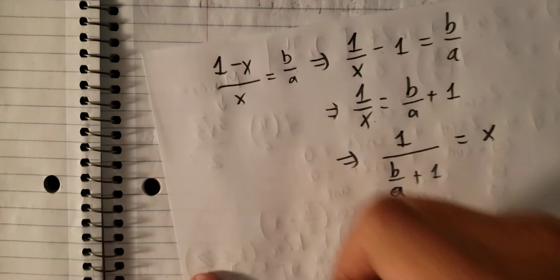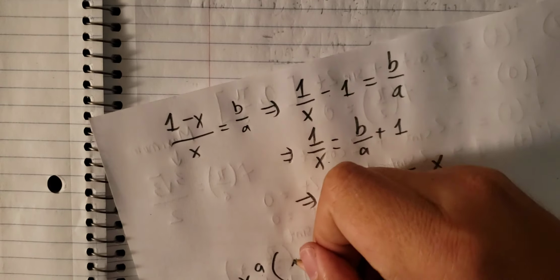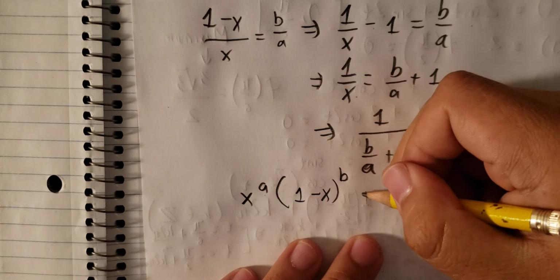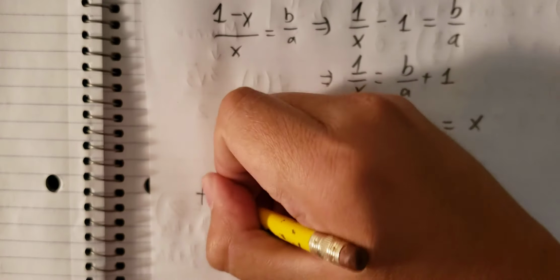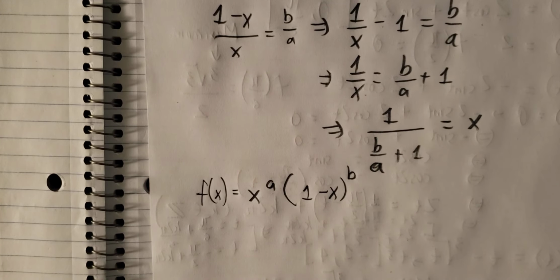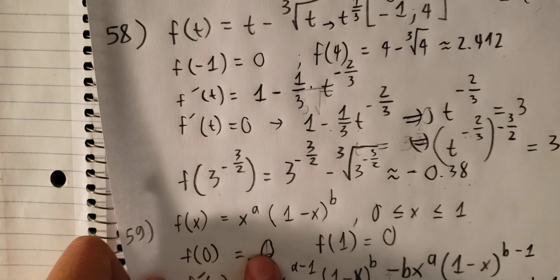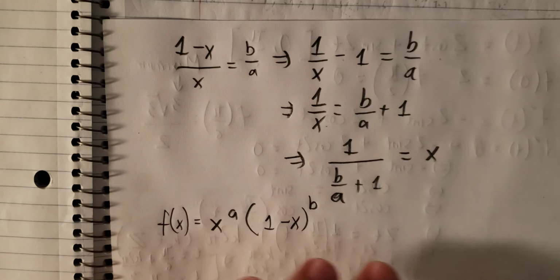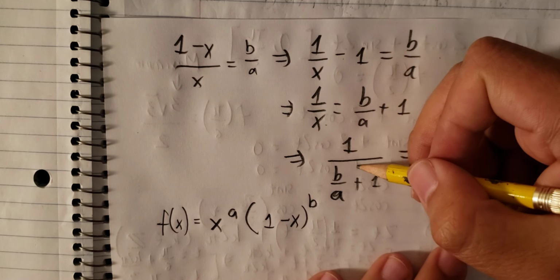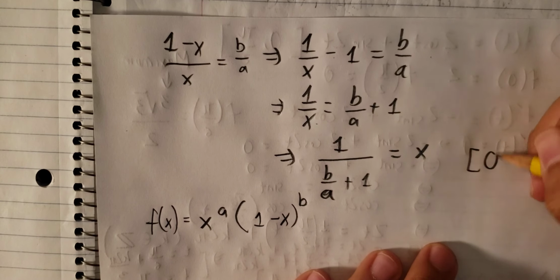So you get the number here. Then you have s to the power a times 1 minus s to the power b, and that's the function of s. We know that if we put number 0 and number 1, you get 0 and 0, but this one, we know that 1 divided by the number should be between 0 and 1.